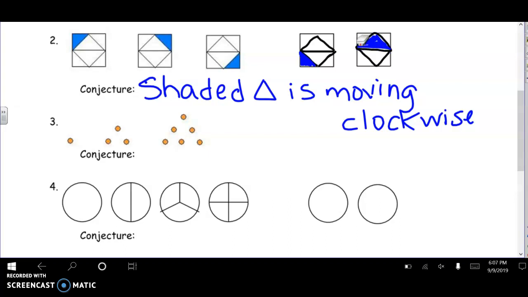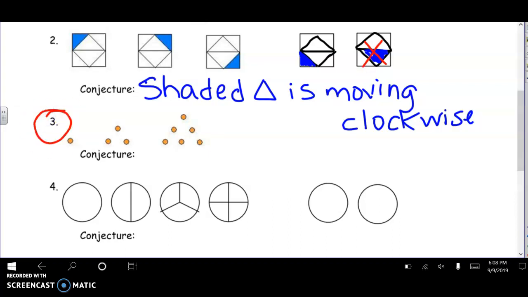So here's a good example of how we can have different answers, but justification is going to be really important here. What I would have a hard time with is understanding how this would be the next one in the pattern. Maybe it would come up later, but it's not what I would say would be the next one in the pattern. I want you to try the next example, problem number 3.